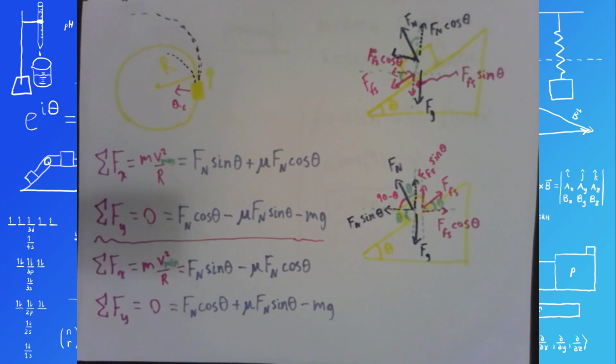And that will give me an expression for the normal force. Let's go ahead and see what that does for us. So instead of writing two expressions, I'm going to use plus or minus notation instead.